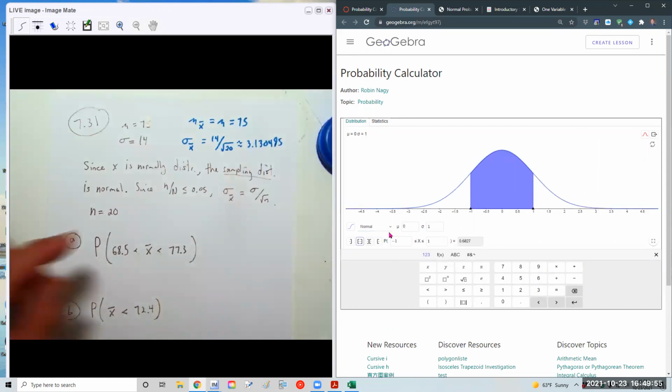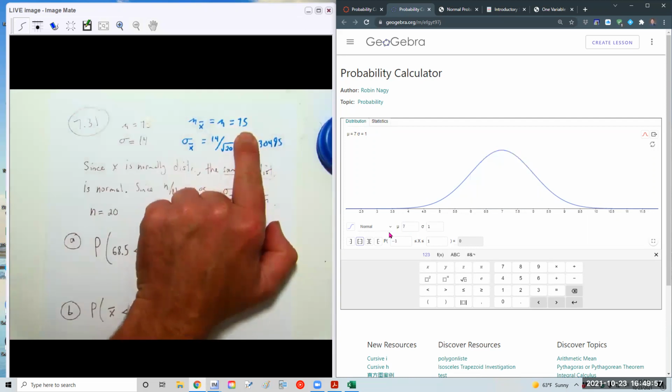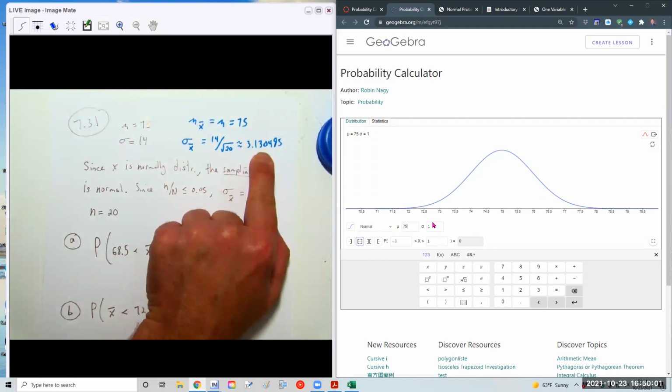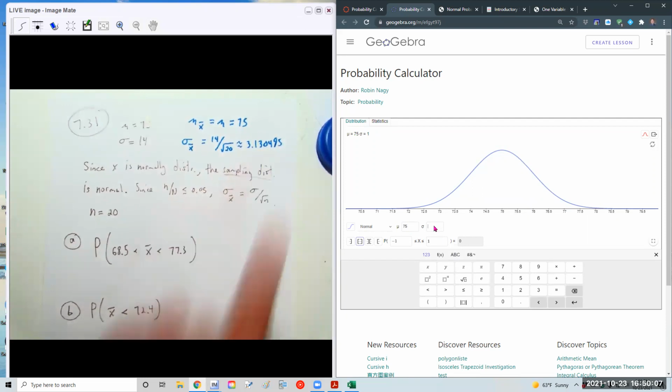So mu is 75, and sigma should be this number, 3.130495.